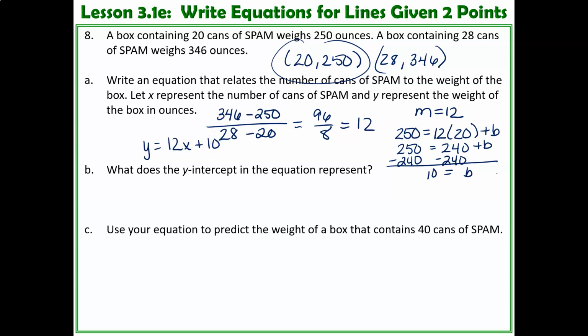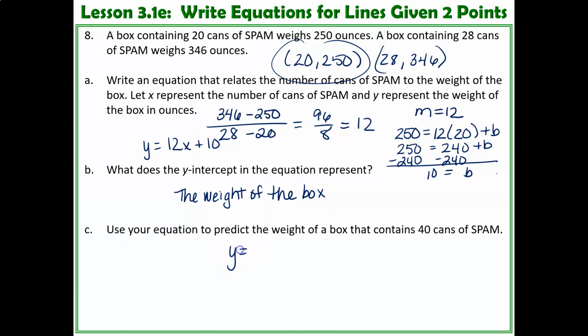What does the y-intercept represent in this situation? It represents the weight of the box. And then it says use your equation to predict the weight of the box that contains 40 cans of Spam.